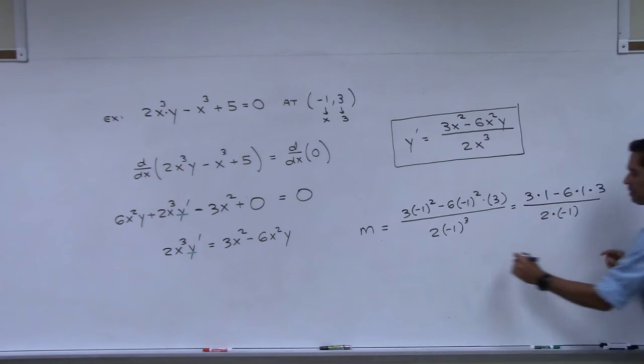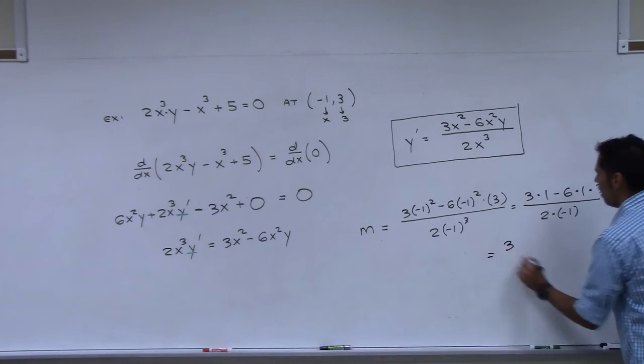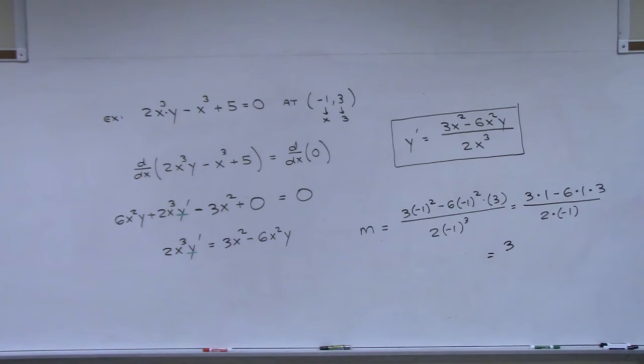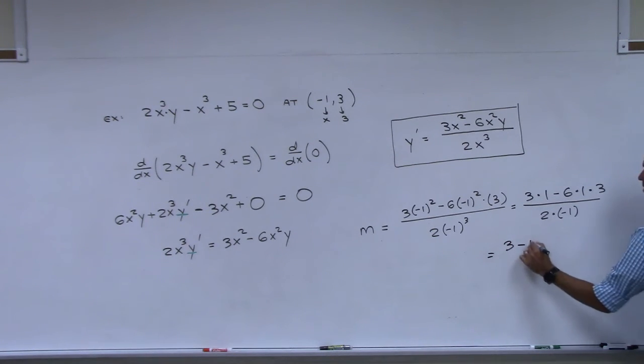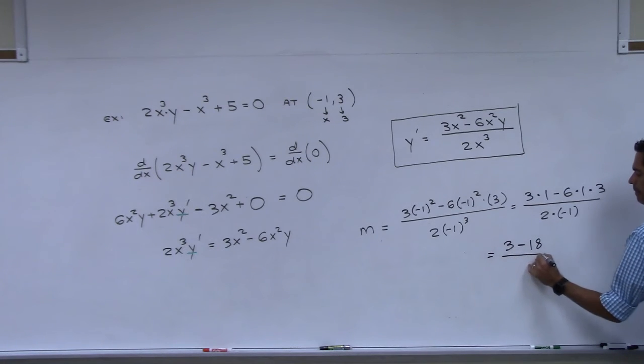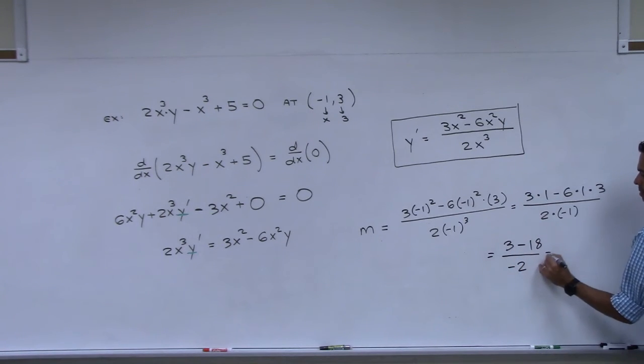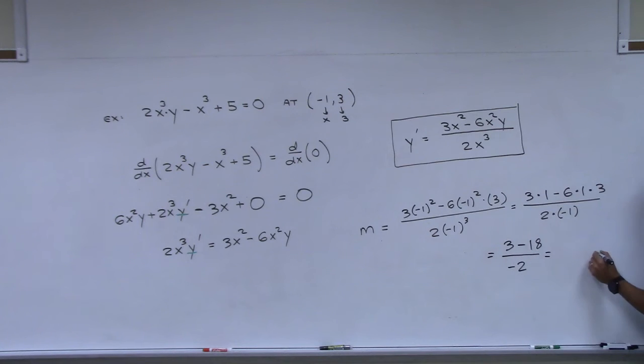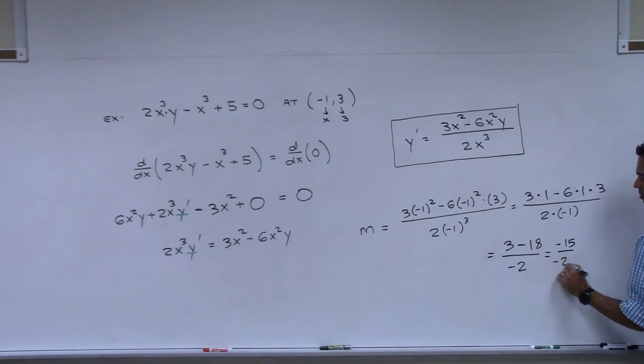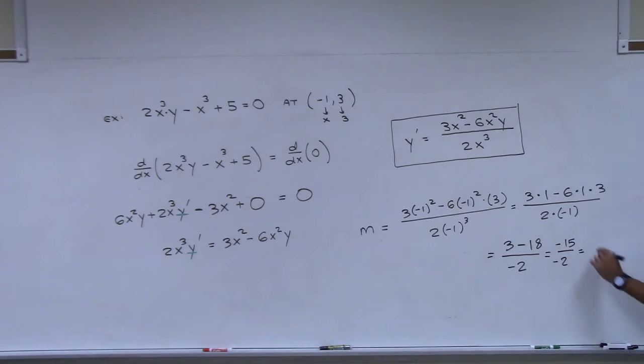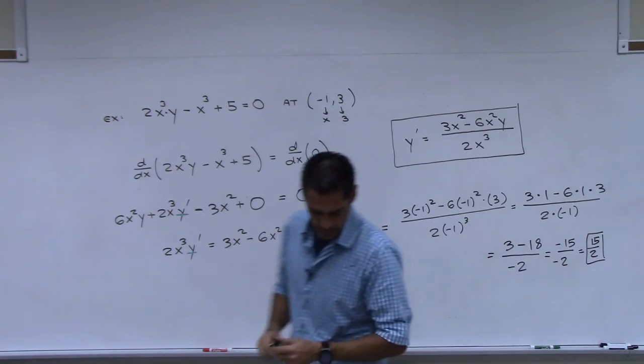So this is going to be 3, what? Minus 18 over -2. And 3 take away 18 is -15 over -2. And a negative over negative is positive, so you get 15 halves. As a decimal, it's 7.5, but we can leave it as a fraction.